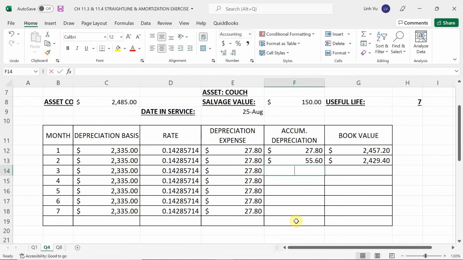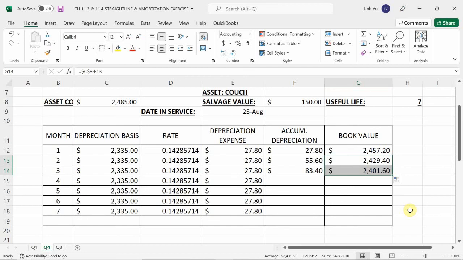What's my accumulated depreciation now? 27.80 plus 55.60. We got 83.40. Then 2,485.00 minus 83.40, we got 2,401.60.